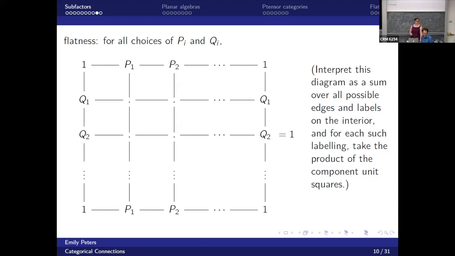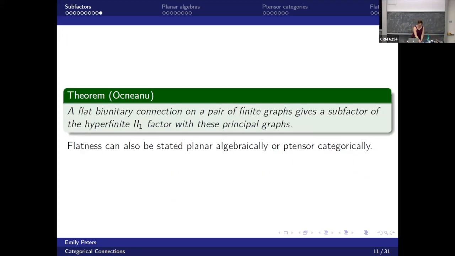Great. Okay, thank you. So the theorem from Ocneanu is that this goes the other way. If we start with a pair of graphs and we have a connection, remember this combinatorial data that we're thinking of as fitting together into change of basis matrices, which satisfies the biunitary condition, the renormalization condition, and the flatness condition, then we get a subfactor of the hyperfinite II_1 factor with the principal graphs we started with.